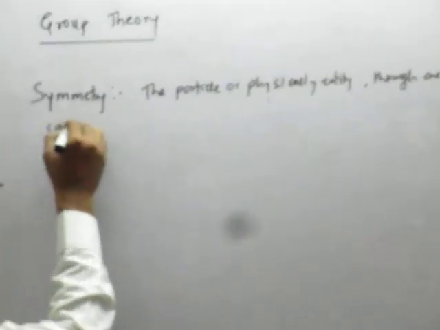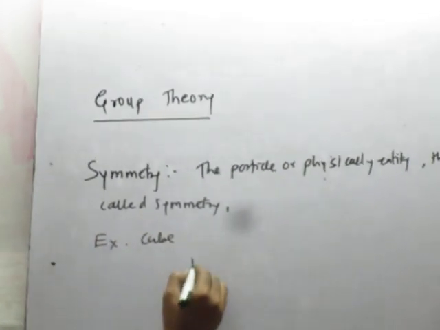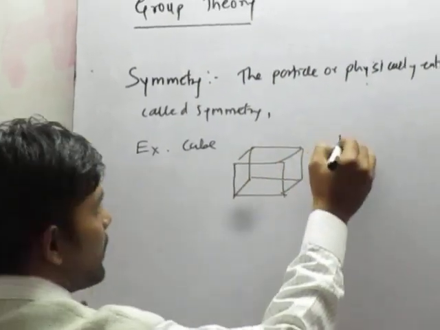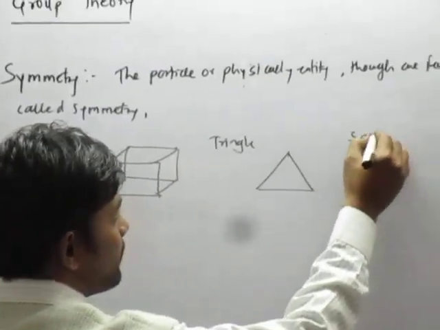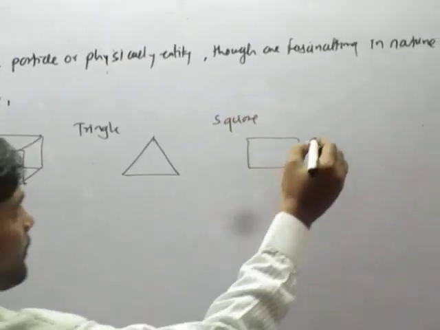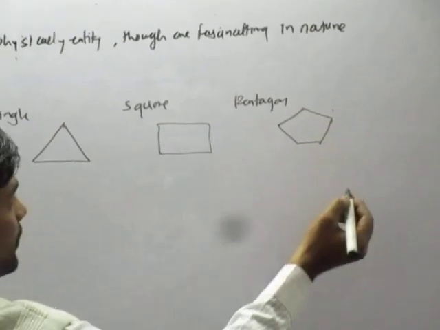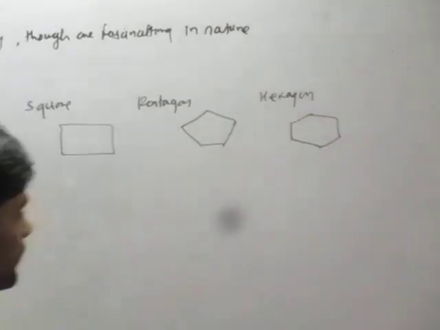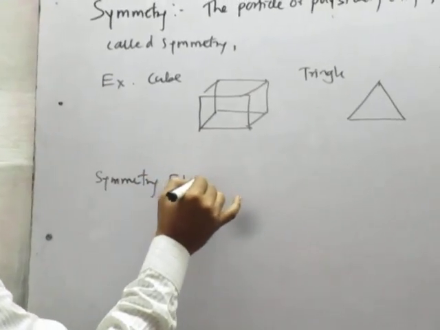For example, a cube, triangle, square, pentagon, hexagon. Then the symmetry elements.